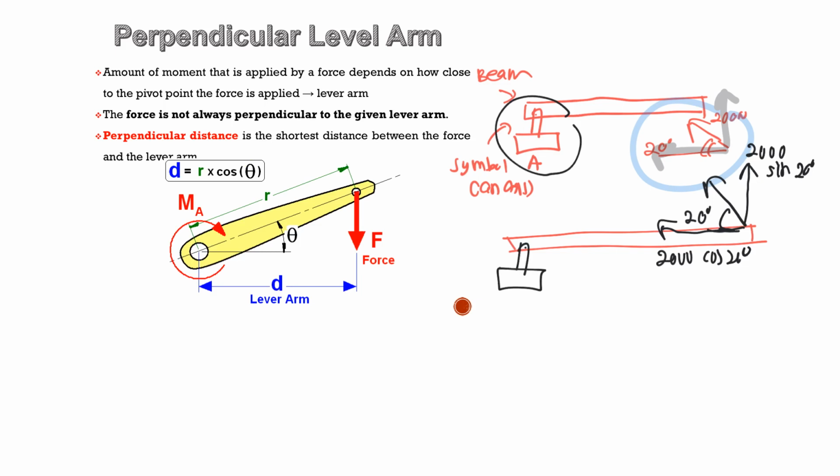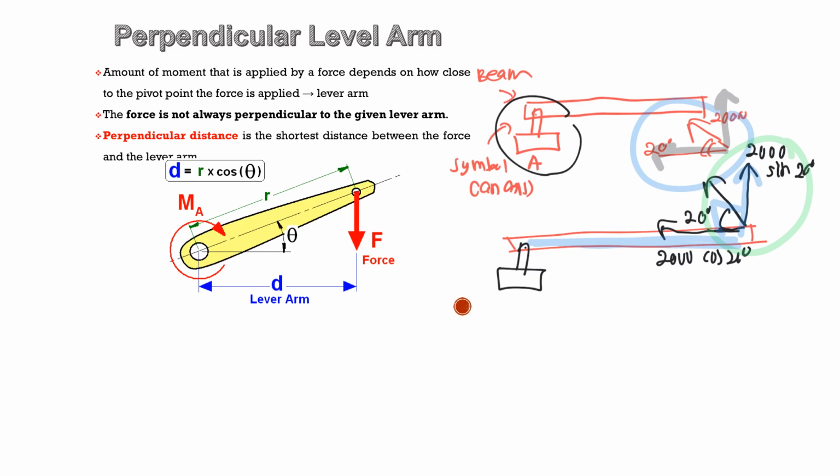Which one is going to produce a moment, the x-component or the y-component? Definitely the y-component. Why? Because this one is actually perpendicular to the lever arm. You can see that this y is perpendicular to the lever arm, so that's the reason why a moment can actually be produced.